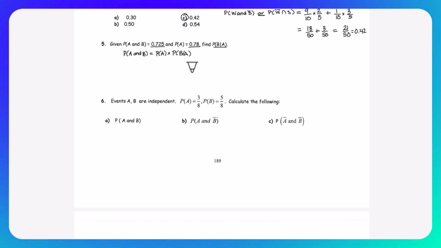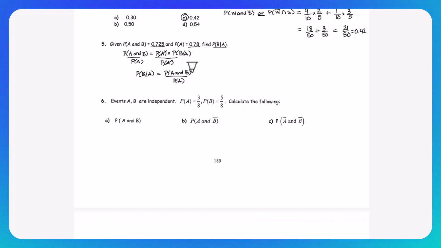I can go ahead and change around the formula by dividing both sides by the probability of A. It's okay to work with formulas. So that means these cancel, and I'm left with the probability of B given A equals the probability of A and B divided by the probability of A.